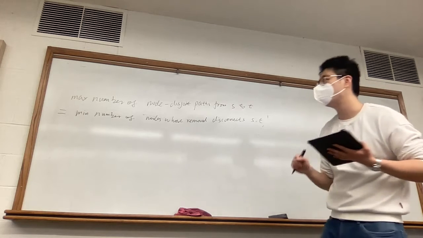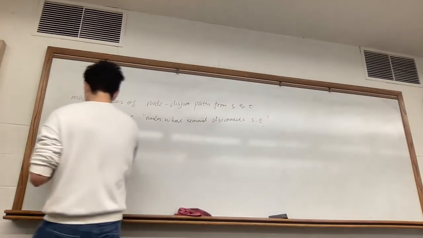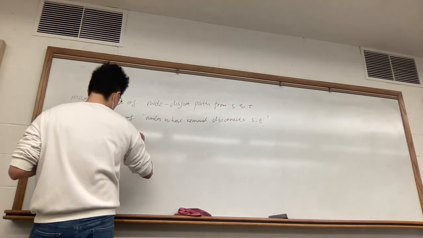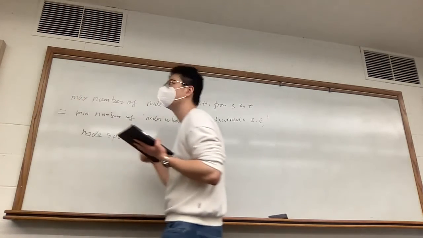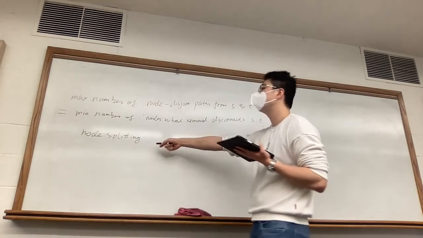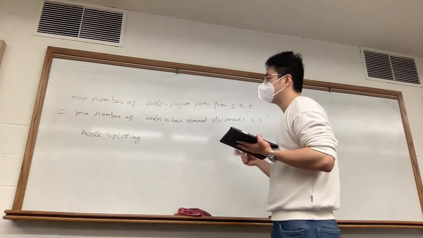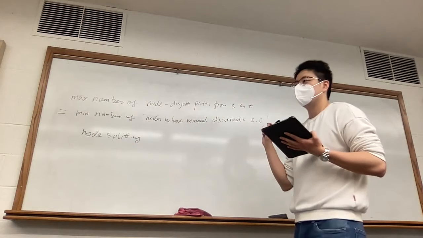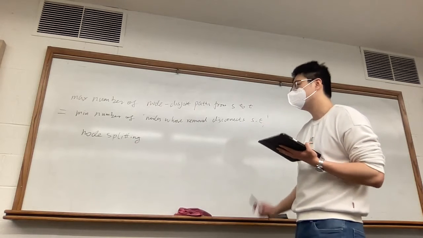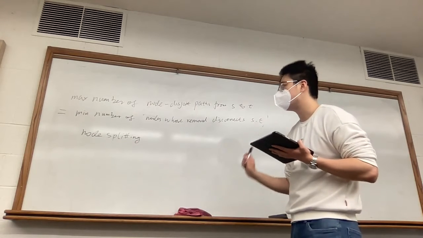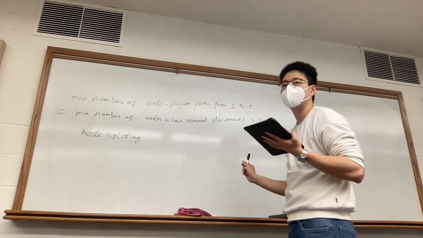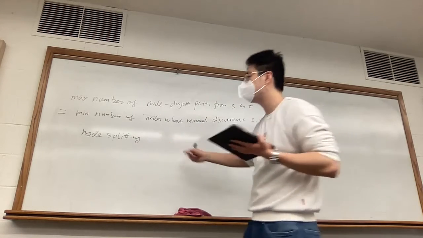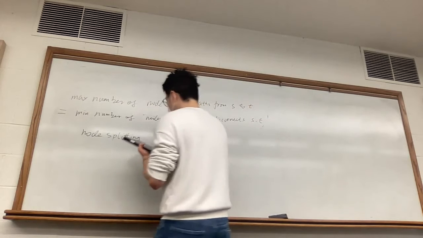Split. Yes, you are correct. So what we need to do is node splitting. This is a very common technique for network flow problems. But when we are doing node splitting, in 99% of the cases, you just need to split all the nodes that are apart from S and T. That's to say, you don't need to split S and T. You just need to split all the intermediate nodes.